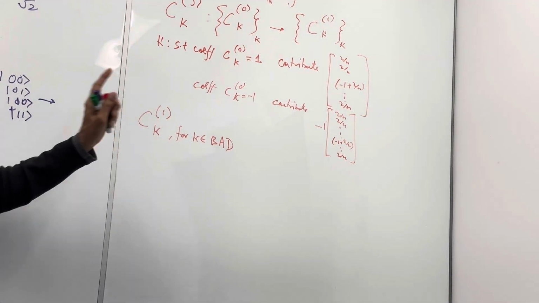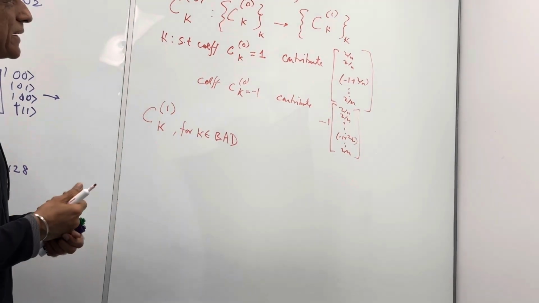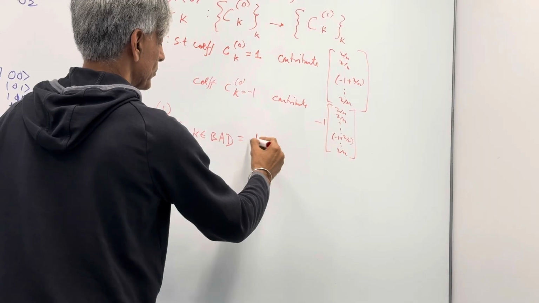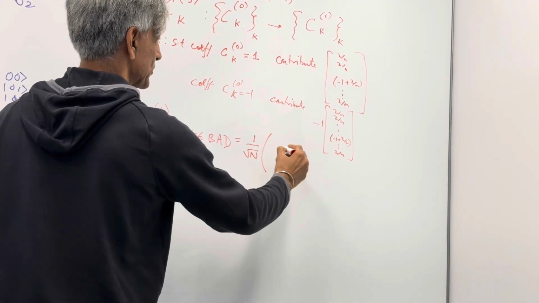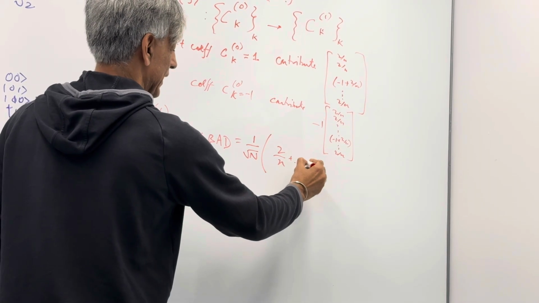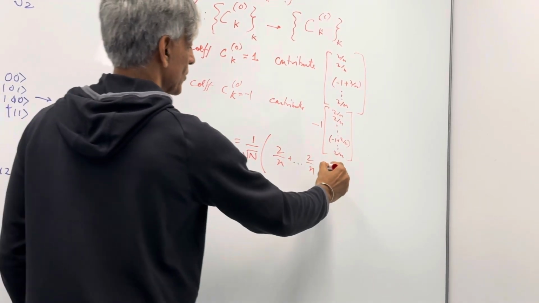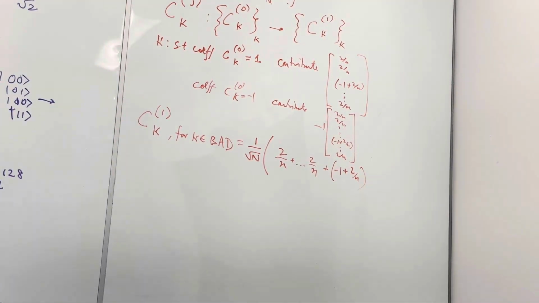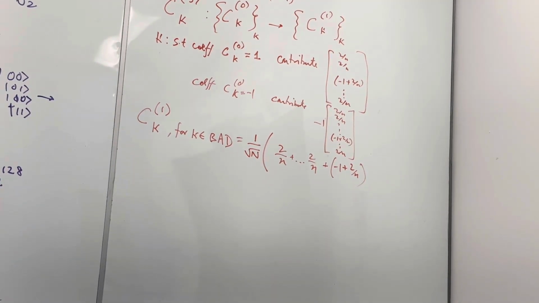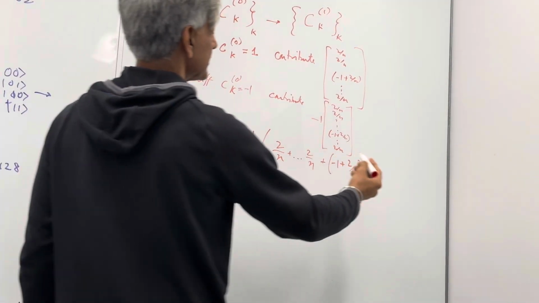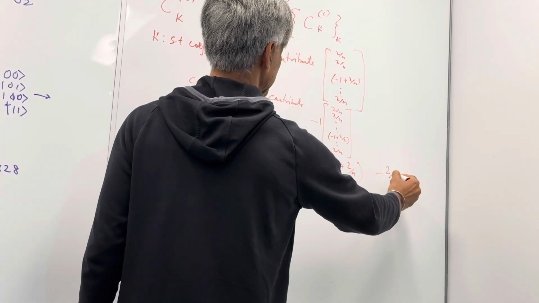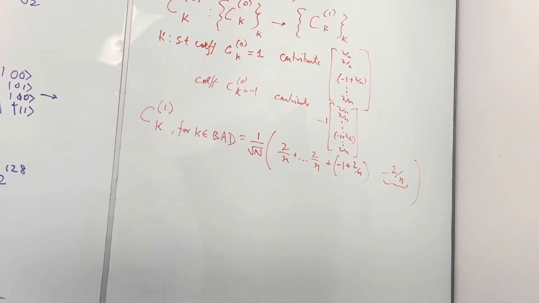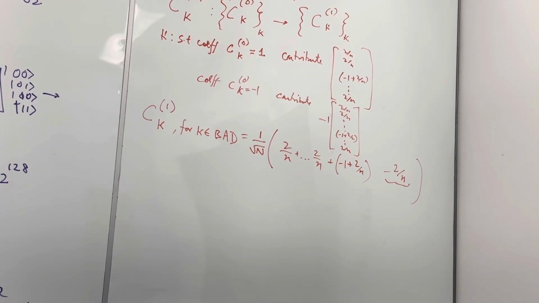So it's going to get 1 by square root N times 2 by N from all the guys, plus -1 plus 2 by N from itself, so it's going to contribute to itself -1 plus 2 by N, and it's going to get -2 by N from that one good guy. That good guy is going to send -2 by N here.